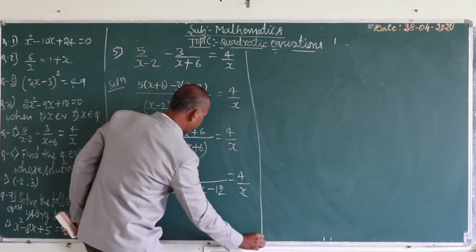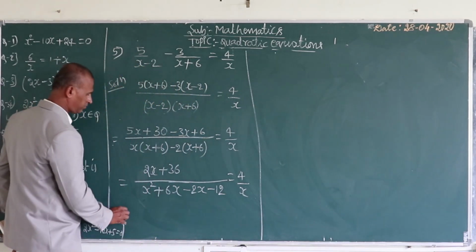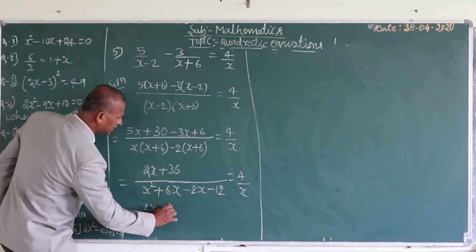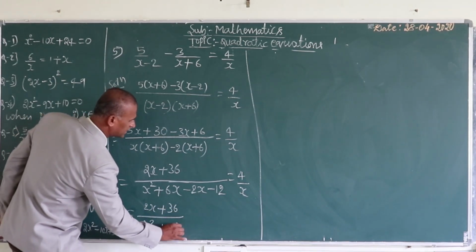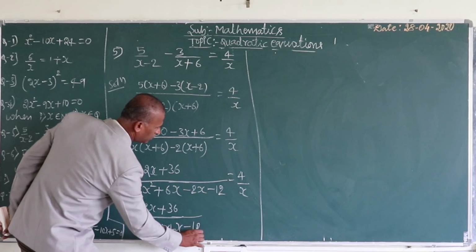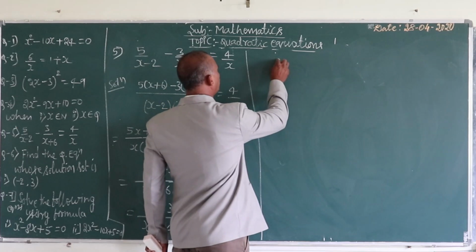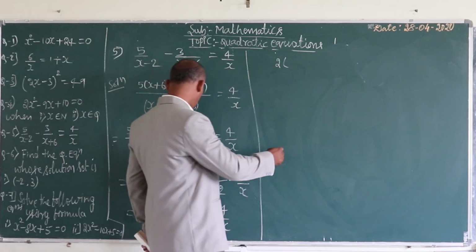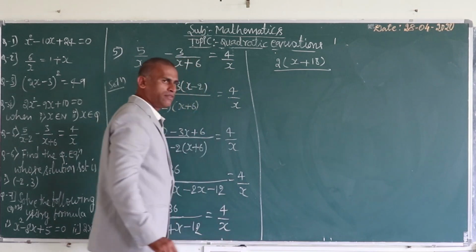Now here we will write 2x plus 36 by x square plus 4x, since 6x minus 2x is 4x, minus 12, is equal to 4 by x. Now, if you take 2 common here, x plus 18, down we write as it is.